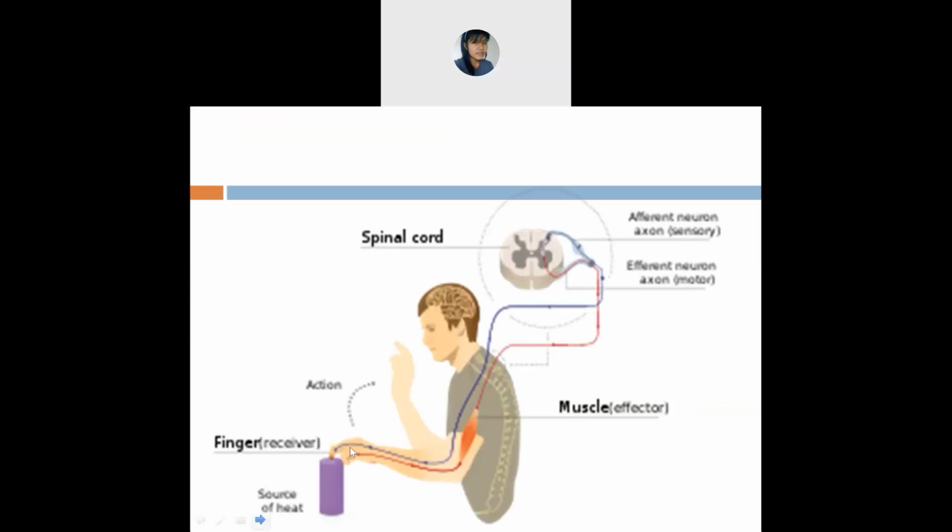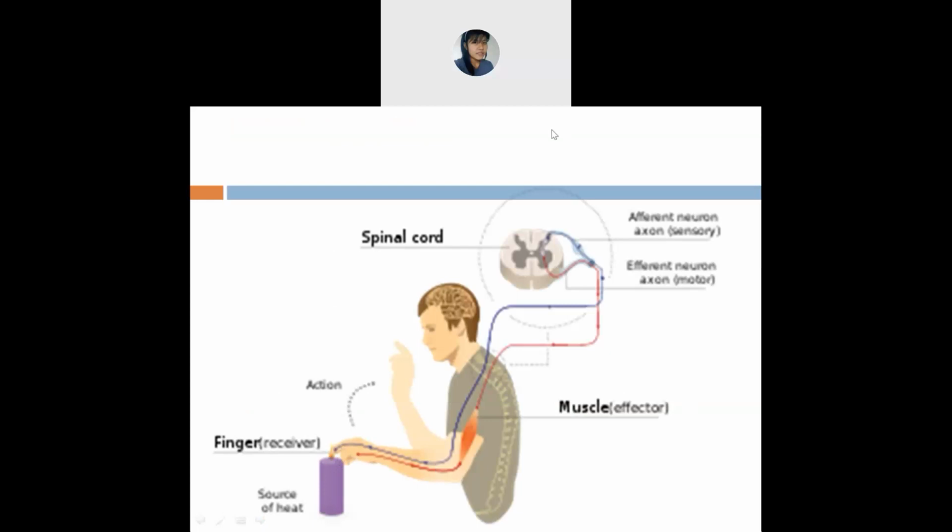Let me show you one example. So in the picture which is shown to you, what is shown? A boy is placing his finger in this candle. It's burning, no? So obviously, if you put your finger on a hot object, how will you react?